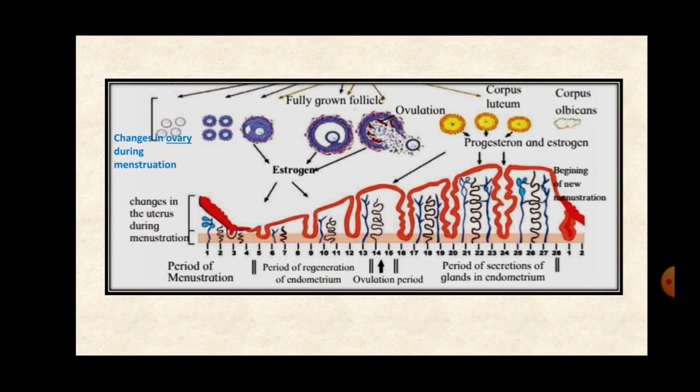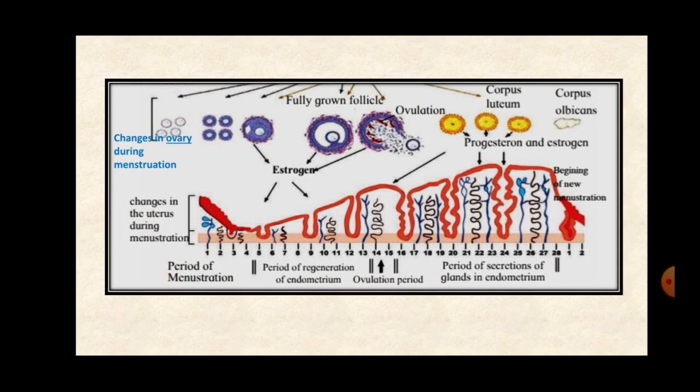Again, the follicle stimulating hormone will stimulate the follicle. The oocyte will be released after developing. It will convert to corpus luteum, secreting progesterone and estrogen. If the ovum is not fertilized, corpus albicans will be formed, which is inactive. Progesterone and estrogen secretion will be stopped.